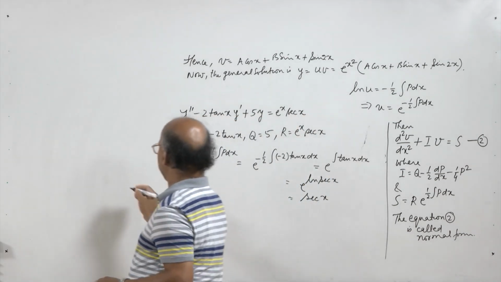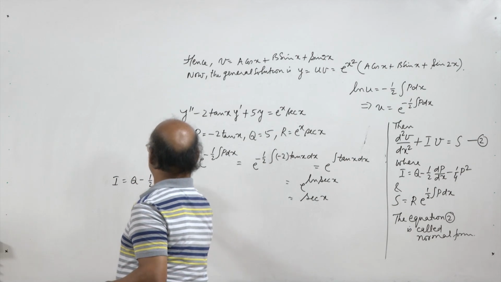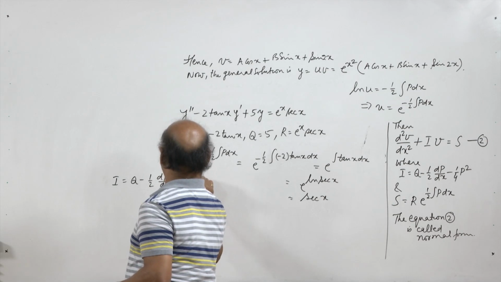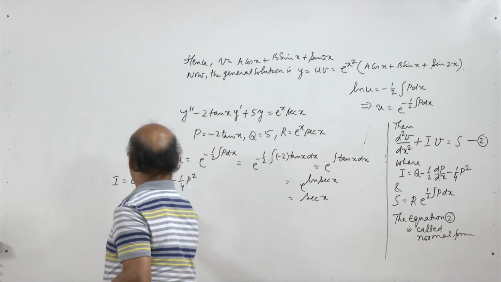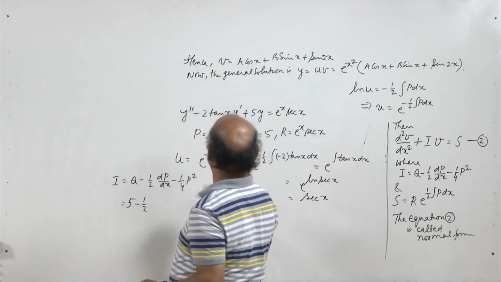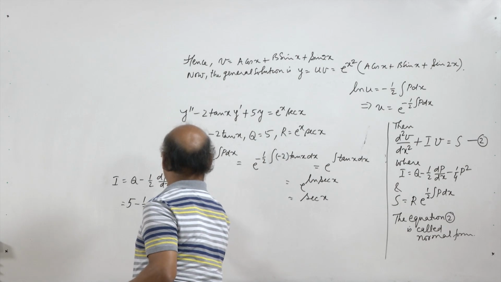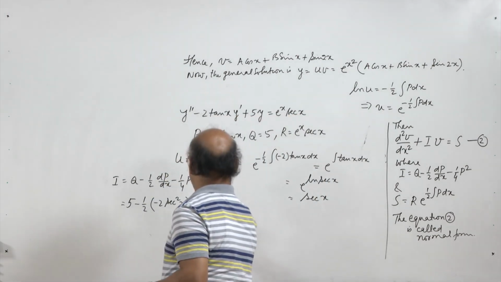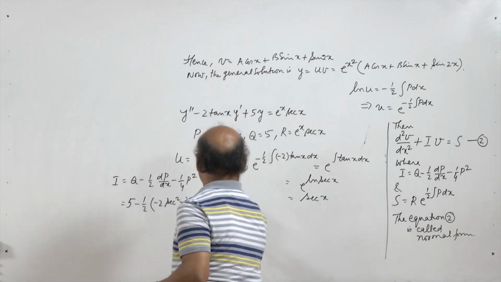So, we have found the value of u. Let us now determine I equal to q minus half dp by dx minus 1 by 4 p squared. So, q is 5, minus half dp by dx will be plus sec squared x, since the derivative of tan x is sec squared x, and minus 1 by 4 p squared is minus tan squared x.